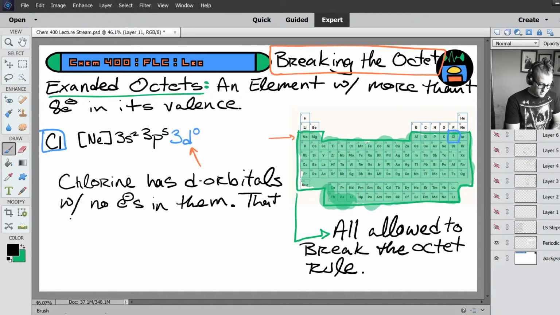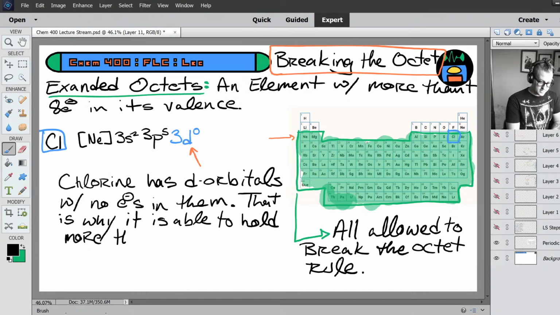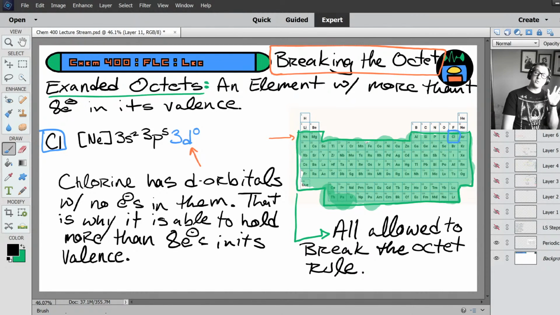That is why it is able to hold more than 8 electrons in its valence. All right, chlorine has d orbitals with 0 electrons. That's why it's able to hold more than 8 electrons in its valence.